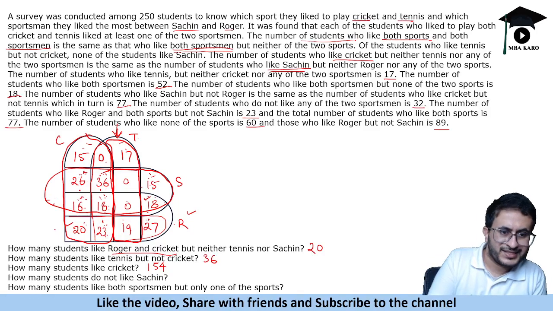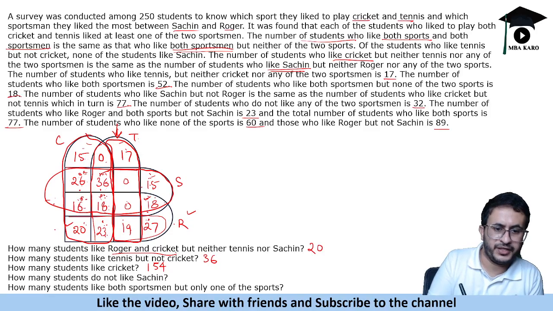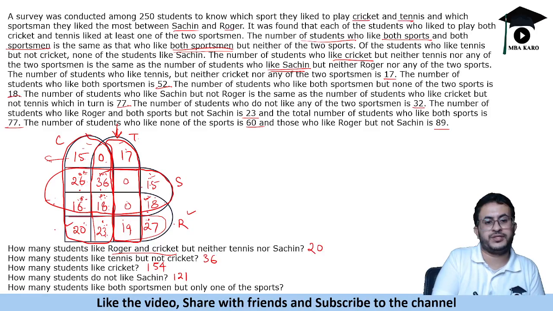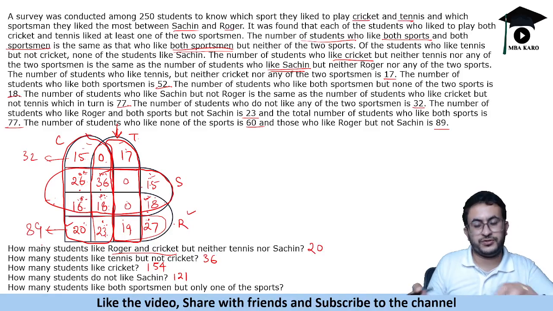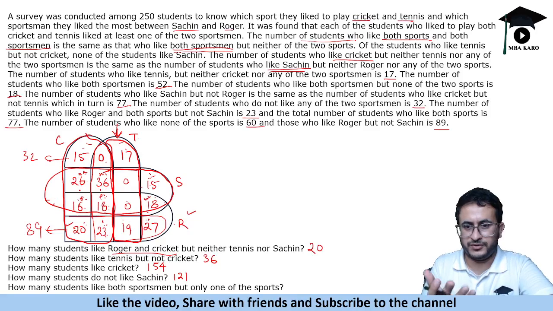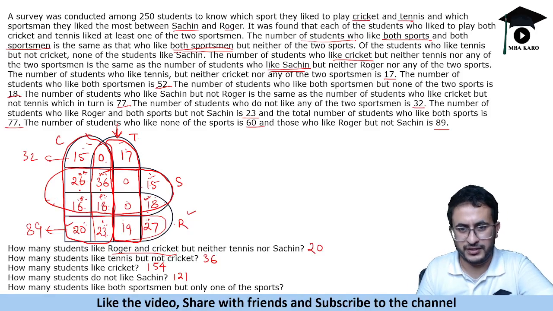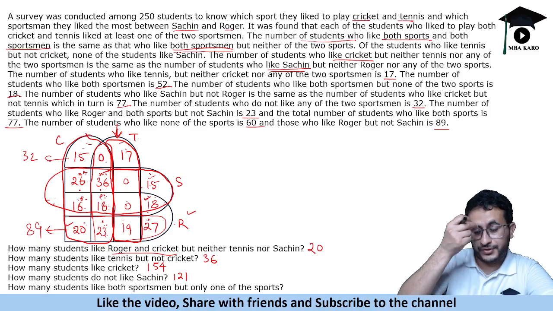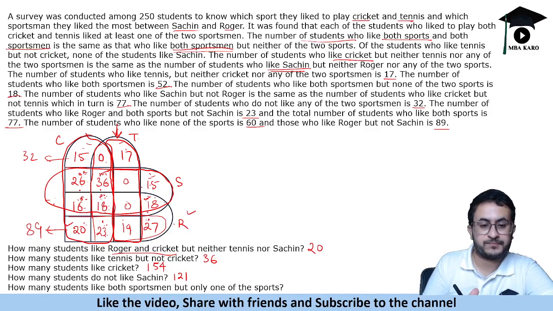So 62, 80, 96, 96 plus 33, 129. So 121 do not like Sachin. Or you can add these also. This is 32 and this was 89. So I erase the values. You should have written, I mean, you obviously in the rough sheet you would erase those values. That would help us to answer the questions better. Okay, so this value is 121.